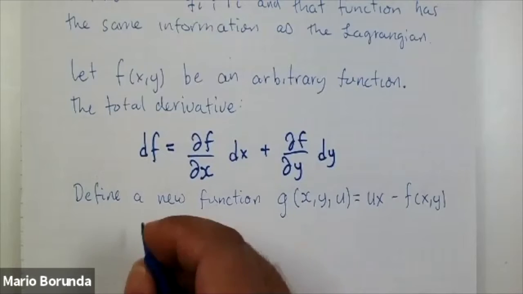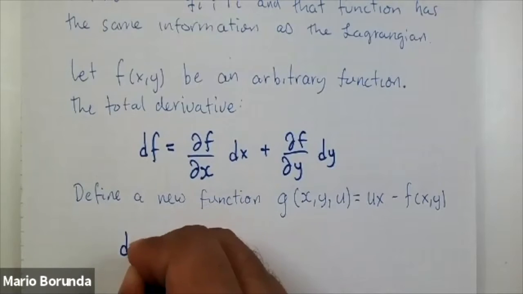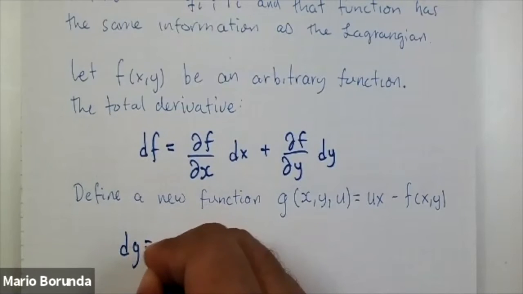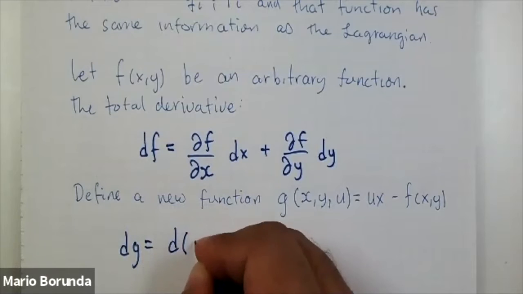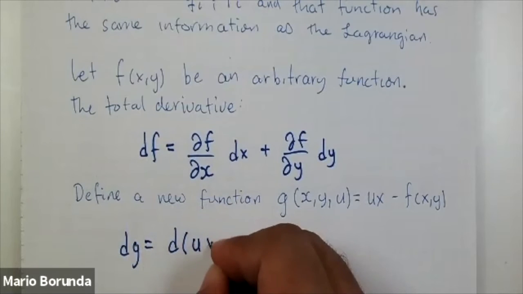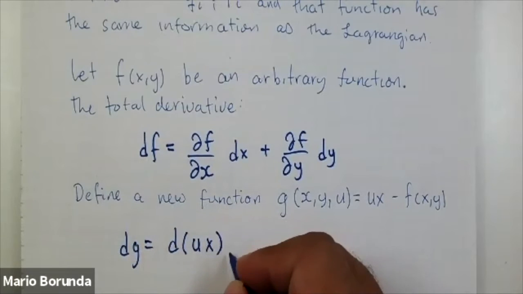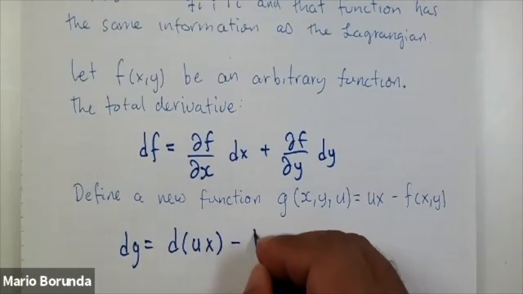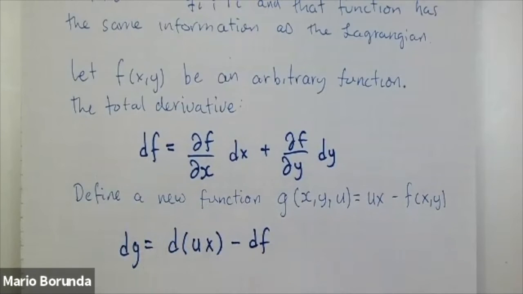So the total derivative now becomes the total derivative of the ux part, minus the total derivative of the f.